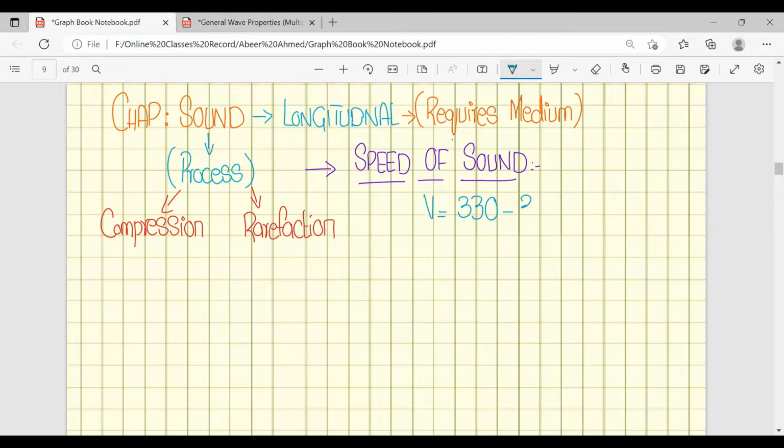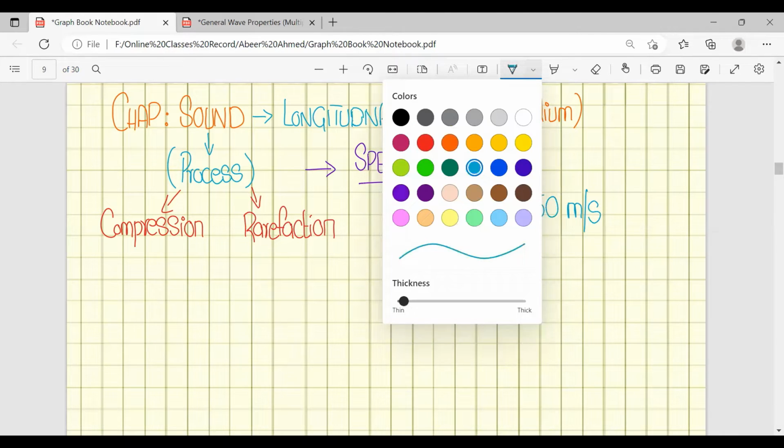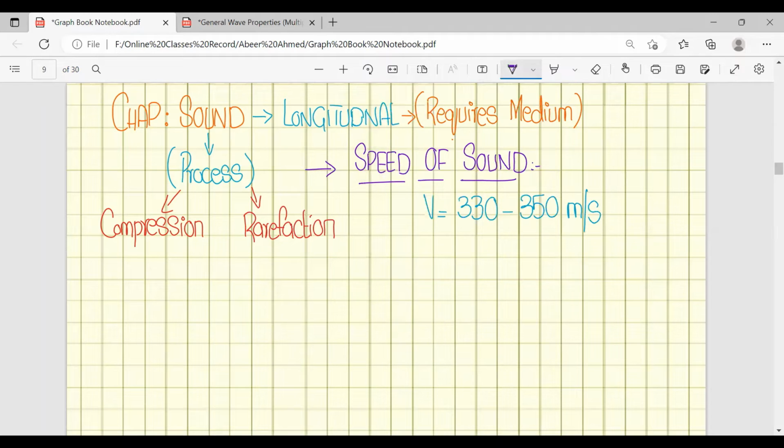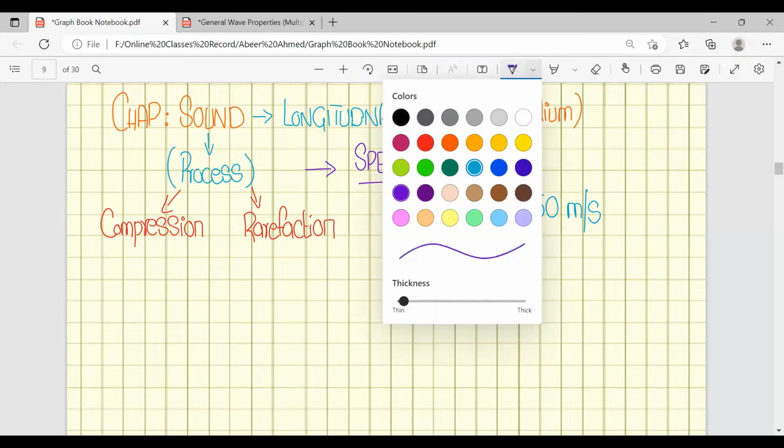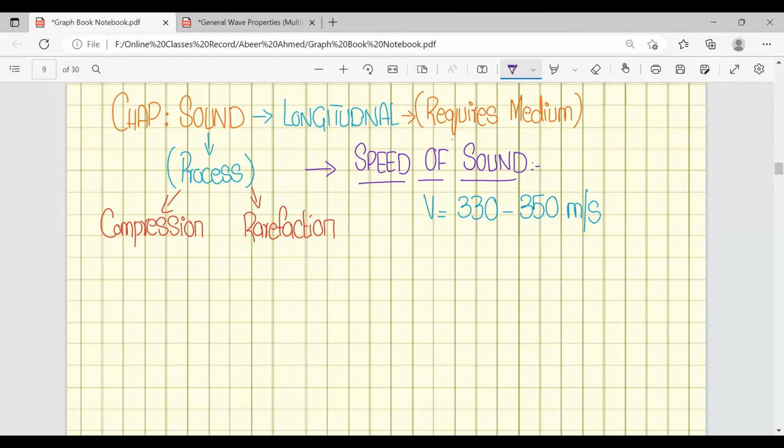There is a range of 330 to 350 meters per second, right? It is also mentioned in your syllabus and book, and there is a difference of 20 meters per second. Can you identify why the difference is there between these two values? A difference of medium? Difference of medium, right? Any other factor?